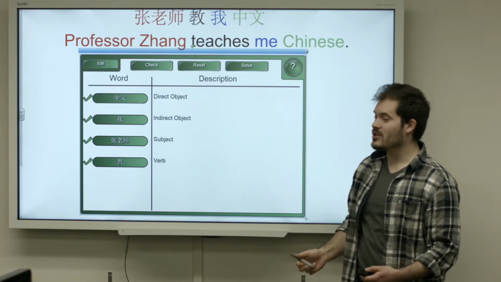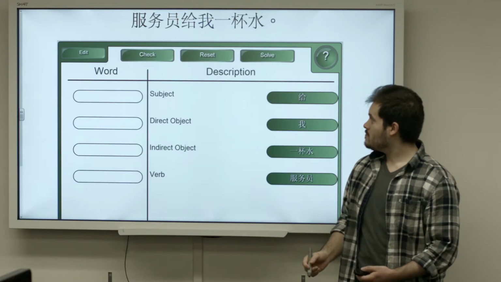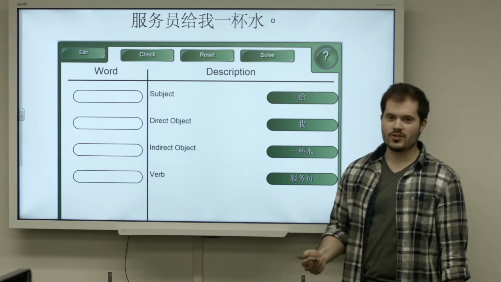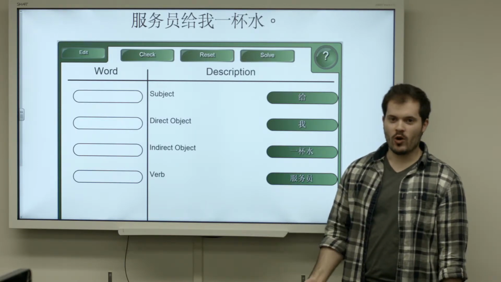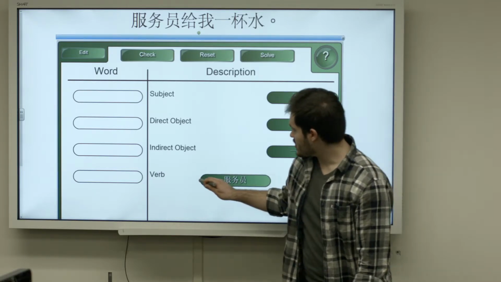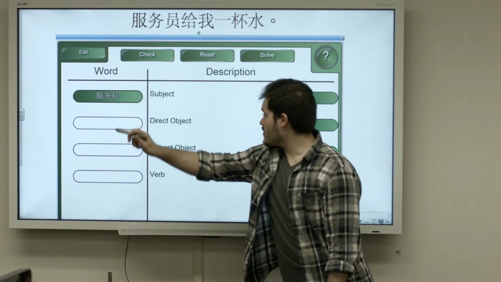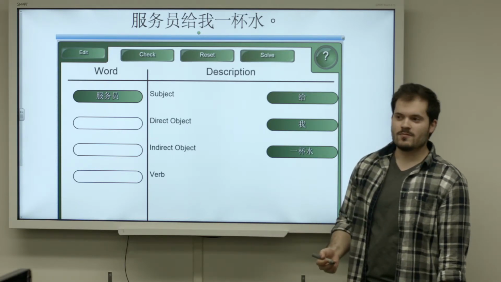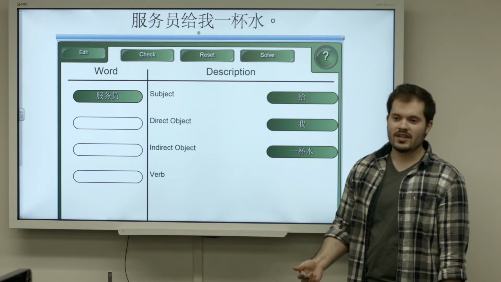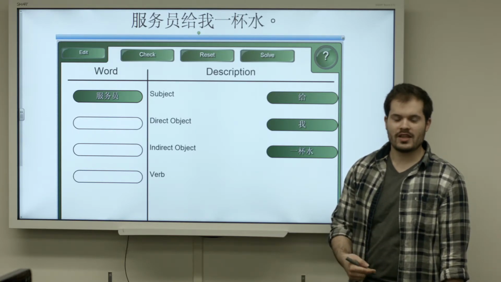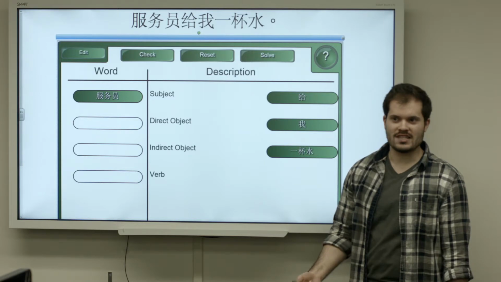So let's try a slightly harder one now. 服务员给我一杯水. The waiter gave me a cup of water. 服务员 is the subject, right? Because it comes at the beginning of the sentence. 给我一杯水. Now this is maybe a little tricky because 给 is a preposition, like we saw in the other slide. 给李友发了一封信.